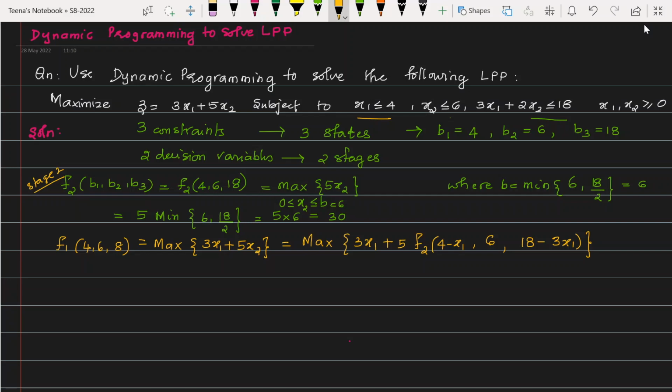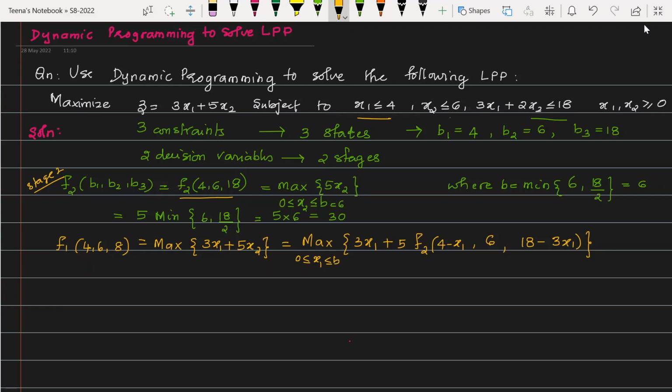So it becomes f2 of 4 minus x1, 6, 18 minus 3x1. So this f2 gets modified to 4 minus x1, 6, 18 minus 3x1. Okay. Now as you can see, throughout there is only one variable x1, and hence let us write the range for x1, 0 less than x1 less than or equal to b.